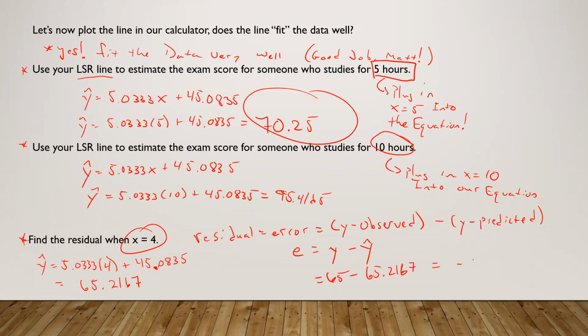Which means the model made a little bit of an error. It overestimated what the student would get by 0.2167. And that's it. What do you think? We're going to get to do this more, so don't stress. But right now, does it look kind of reasonable? Yeah. Okay, I got 1 yes. I got 2 yeses. All right.